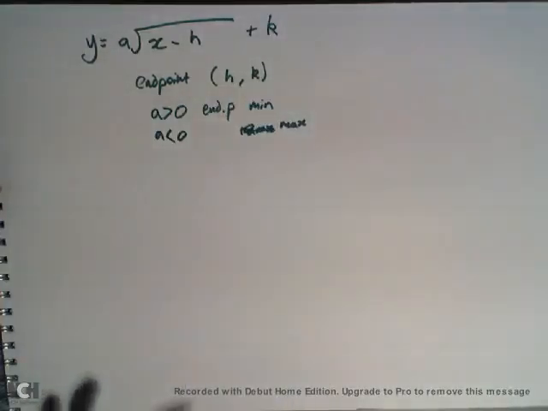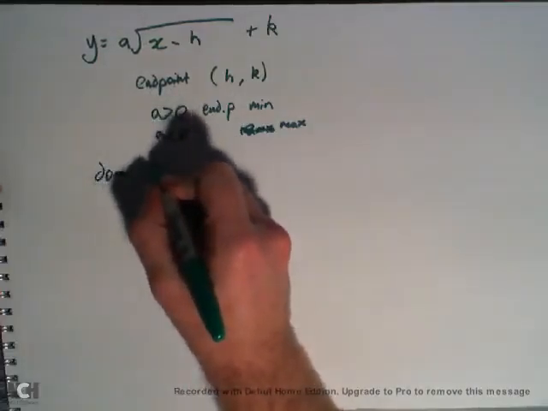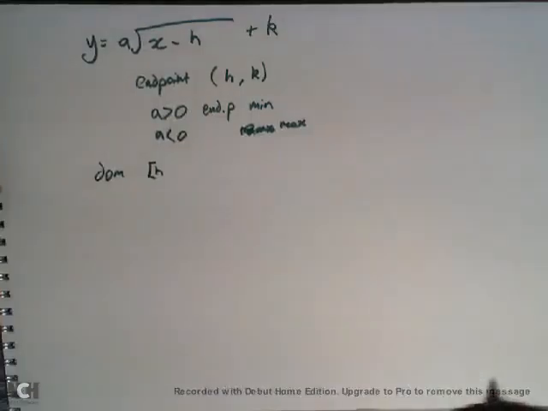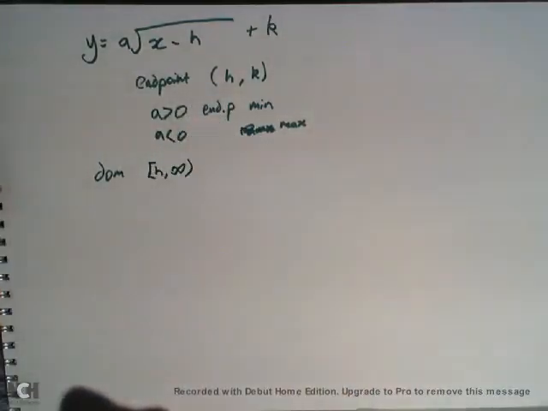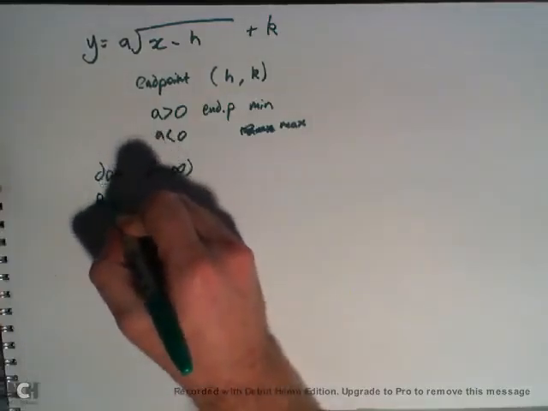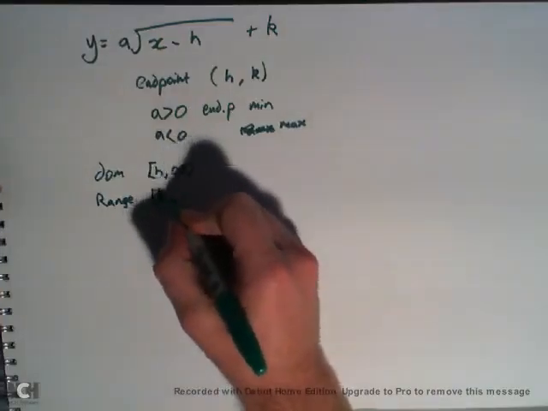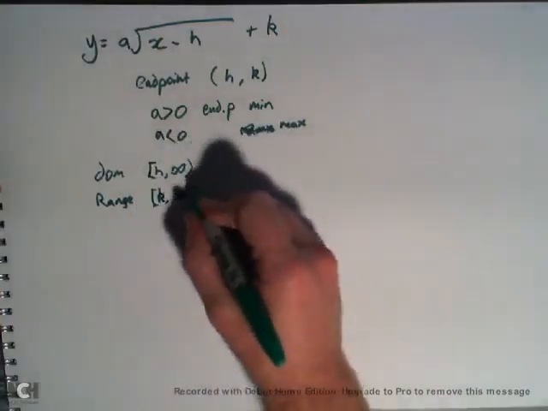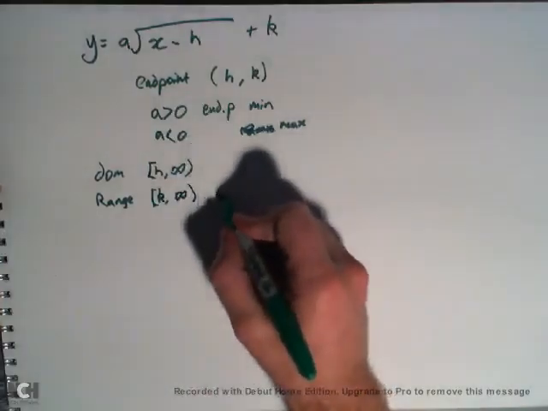It can either have one or no x-intercepts, and it can either have one or no y-intercepts. Domain is going to be from h to infinity, and the range is going to be from k to infinity, if a is greater than 0.